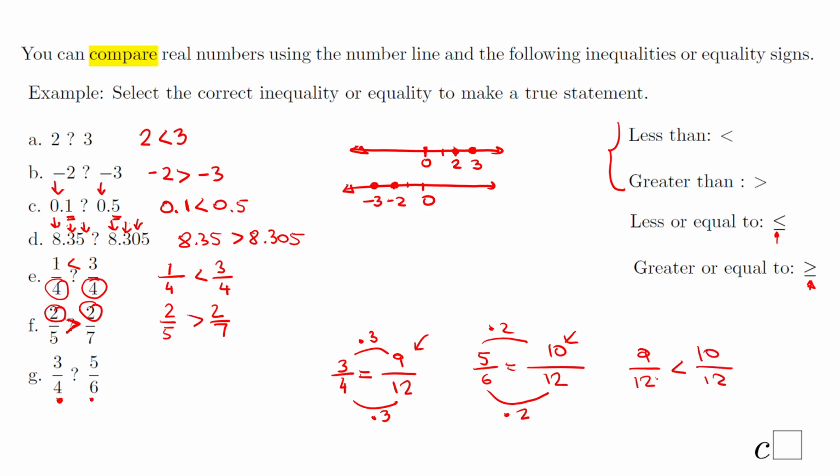You notice they have the same denominator. The numerator 9 is less than 10, so that's the inequality that we have to use. But remember, 9/12 is 3/4, and 10/12 is 5/6. So that is the inequality we have for this part.